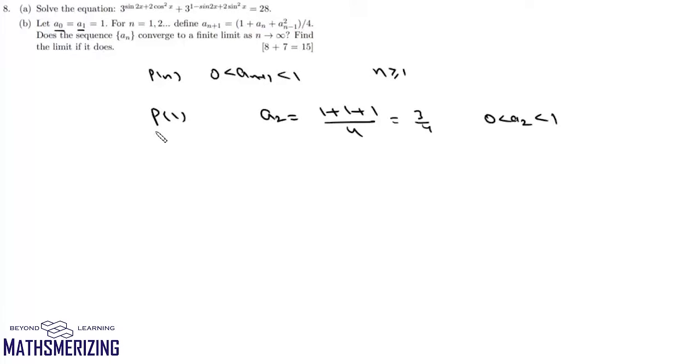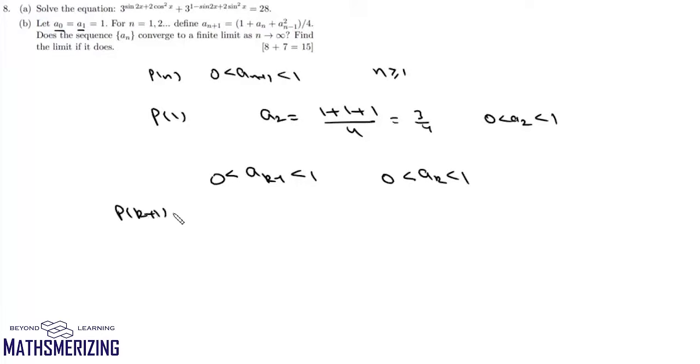Now we'll assume that it is true for any value of k starting from 1 to n. So we can write that a(k-1) will lie between 0 and 1, and ak will also lie between 0 and 1. Now we need to prove that this statement is true for k+1.